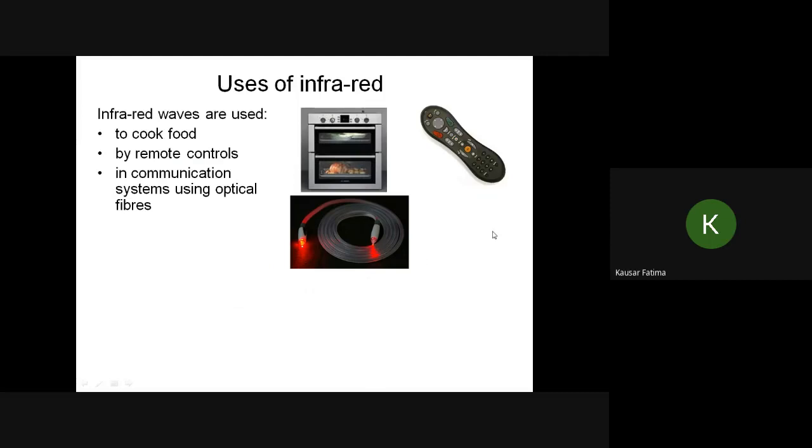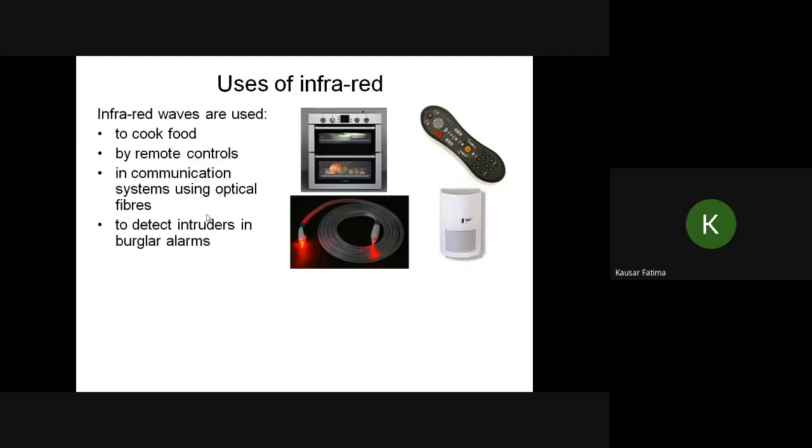It will understand this, like coding and decoding phenomena will go on here: which channel is to be chosen, and how you can increase the volume and all that. So the components inside the television will first encode this, and they will respond accordingly, like increasing the volume or changing the channel, and then this information will be decoded.